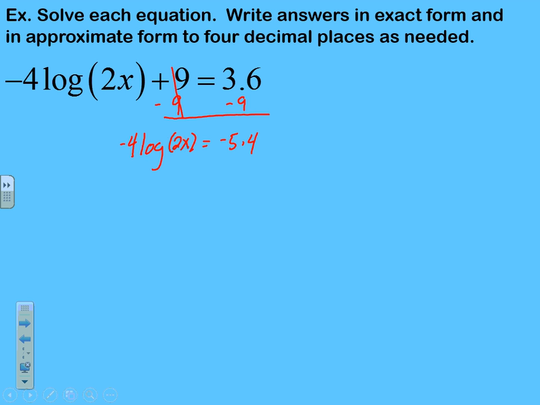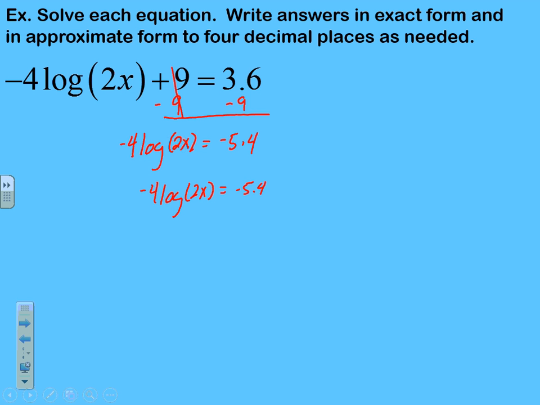Now at this point, the -4 is essentially being multiplied to the log base 10 of 2x. So -4 log 2x equals -5.4.